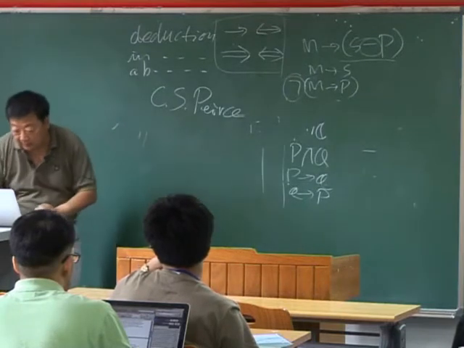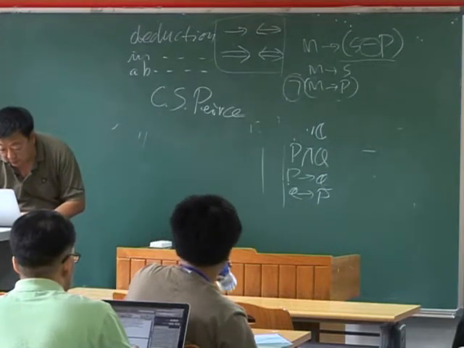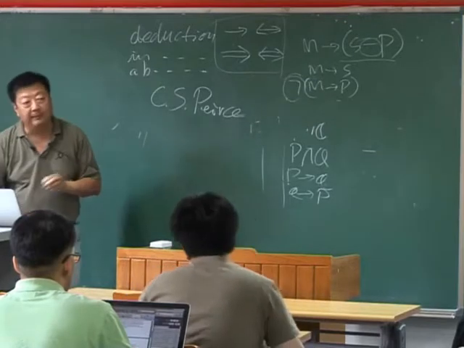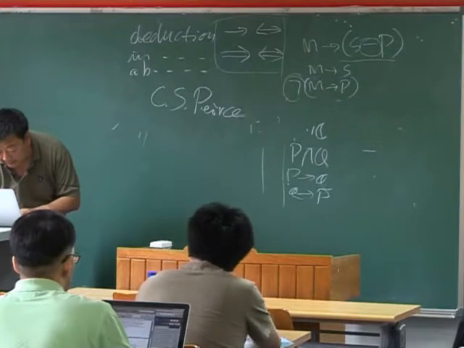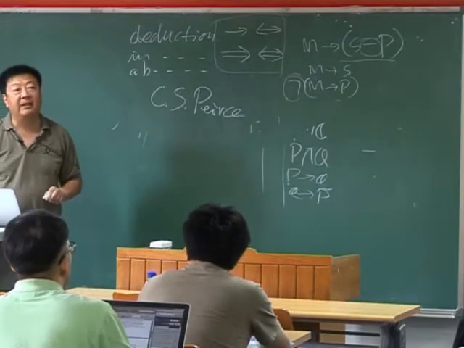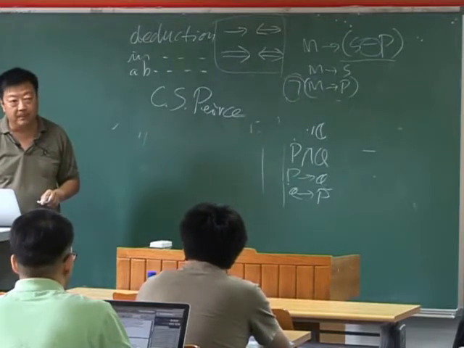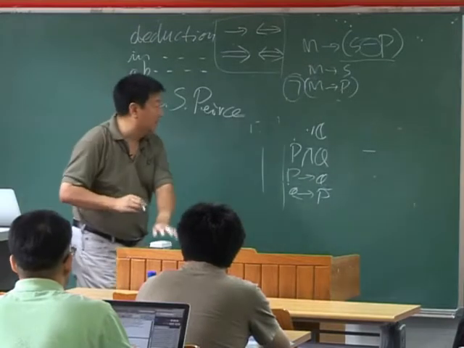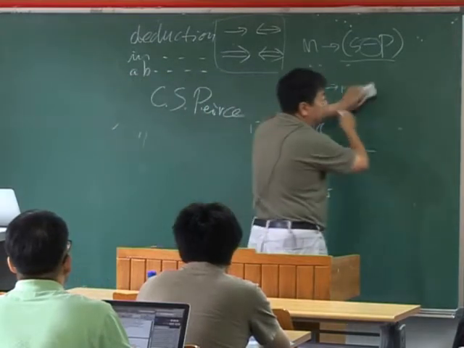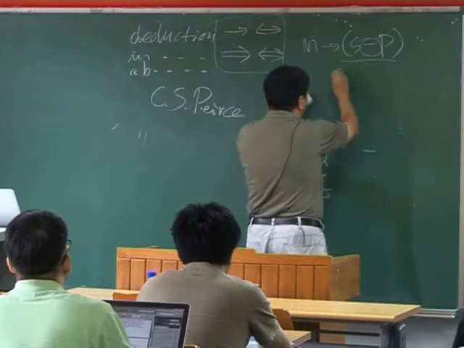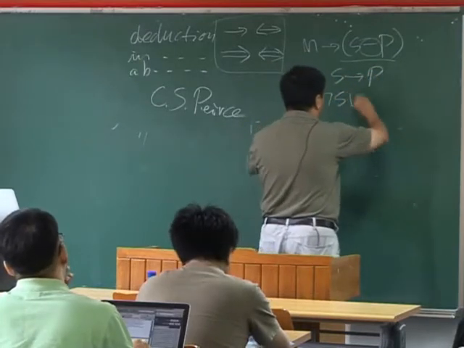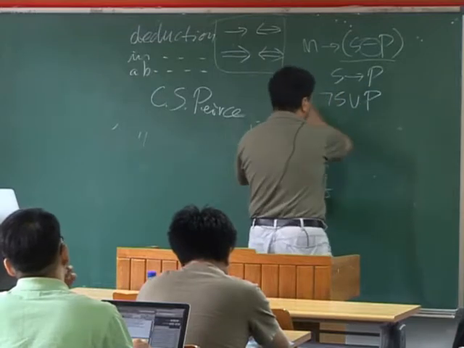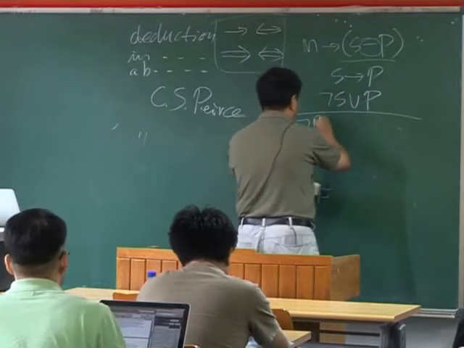Okay? You see, in traditional logic, S implies P, and not P implies not S. They are logically equivalent. You can easily get that result by rewriting them according to the definition. You see this one is what is this. Okay. How about this one?